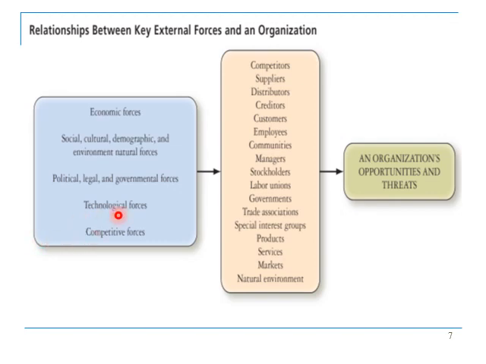And here is the list of some of the factors like competitors, suppliers, distributors, creditors, customers, employees, communities, managers, stockholders, labor unions, government, trade associations, special interest groups, products, services, markets, and natural environment, etc. Because this is not the complete list.